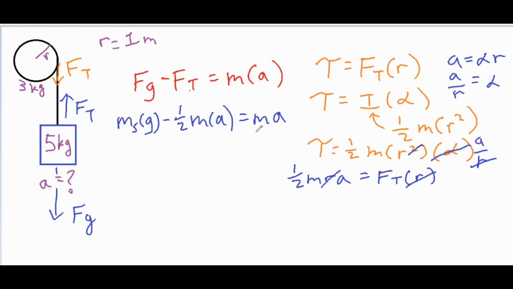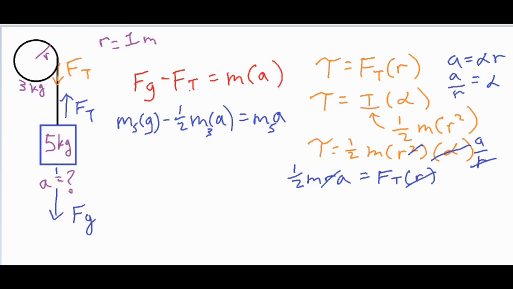So what I'm going to do is go ahead and add this over to that side. So before I continue, there's one distinction I forgot to make. This is the mass of the 5 kilogram block that we're talking about. And then this 1/2 ma came from over here when we were talking about the disc. So this mass is the mass of the 3 kilogram disc.